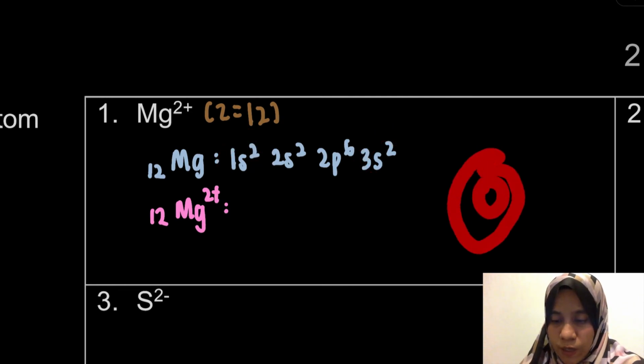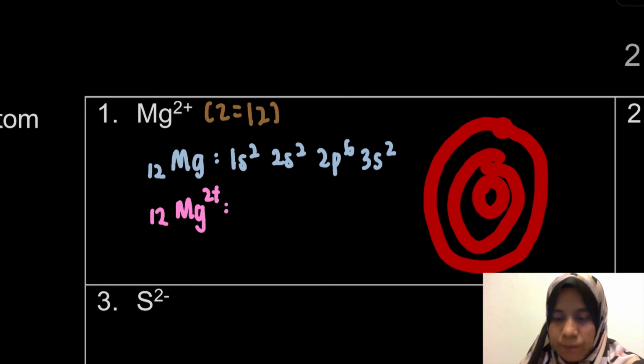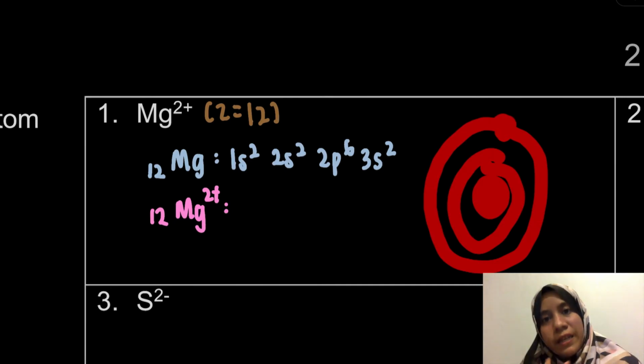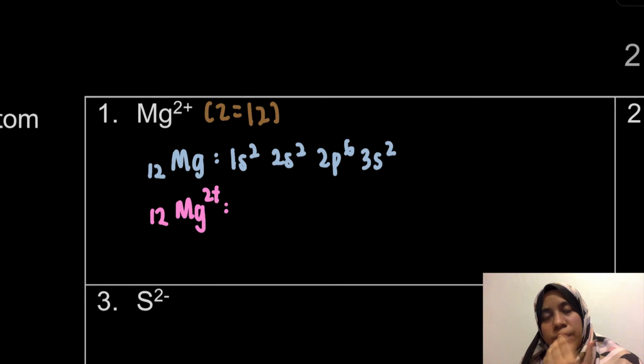Okay, because why? For example, we have shells 1, 2, 3. When the electron has n equal to 3, it means it is the furthest away from the nucleus. So, the attraction between the nucleus and the electron itself is very weak, so it is easy to donate the electron.